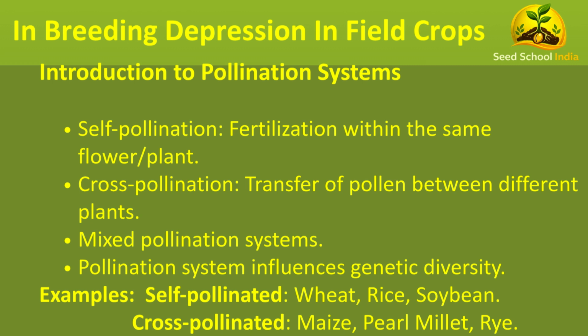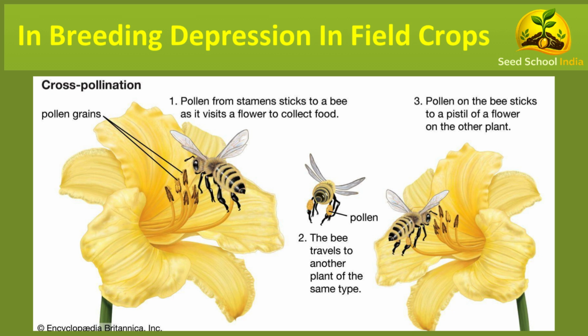In contrast, cross-pollination involves the transfer of pollen between genetically different plants through wind, insects, water, or other agents. Cross-pollinated crops maintain high heterozygosity and greater genetic diversity. Examples include maize, pearl millet, rye, sunflower, onion, carrot, and alfalfa. This genetic diversity enables these crops to adapt to changing environments and contributes to high vigor and yield.